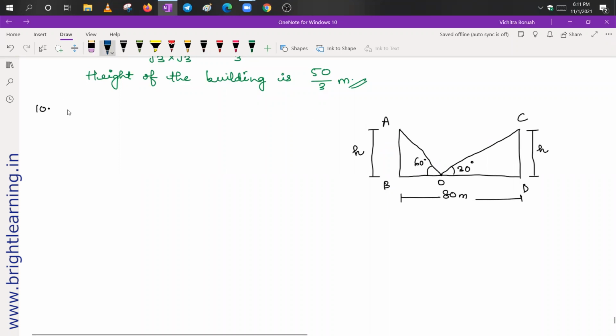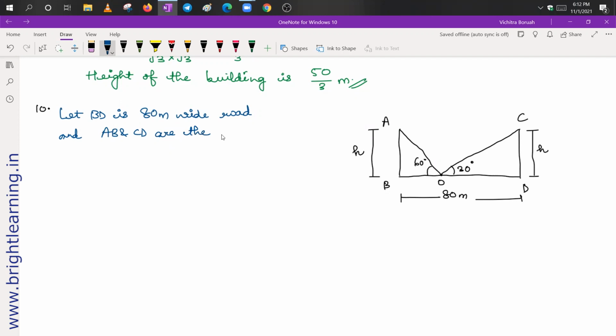So here we will write: let BD be 80 meters wide road, and AB and CD are the two equal poles.